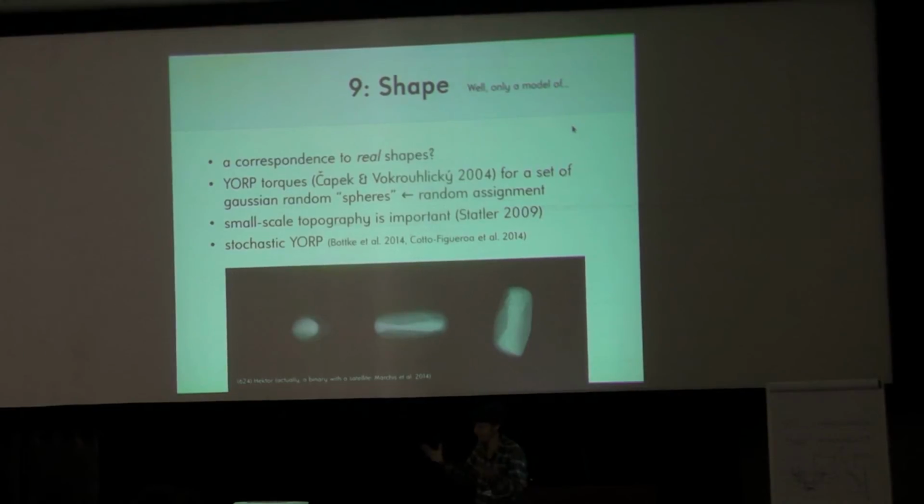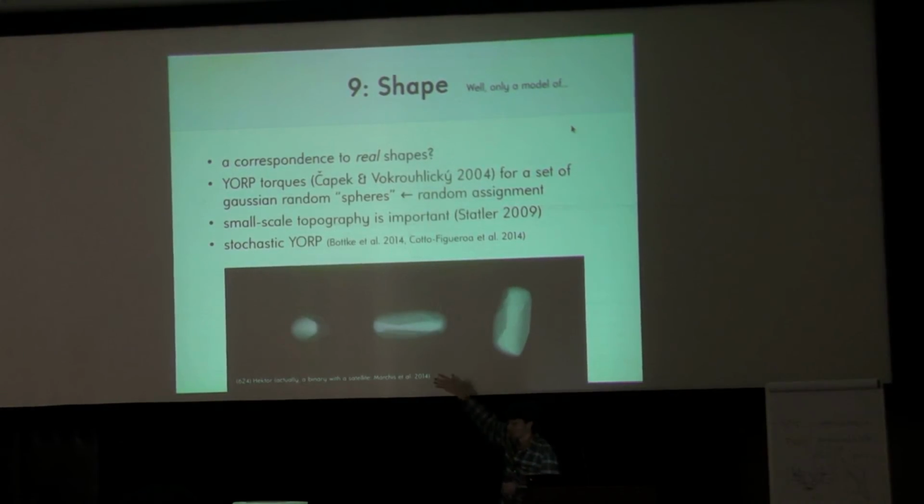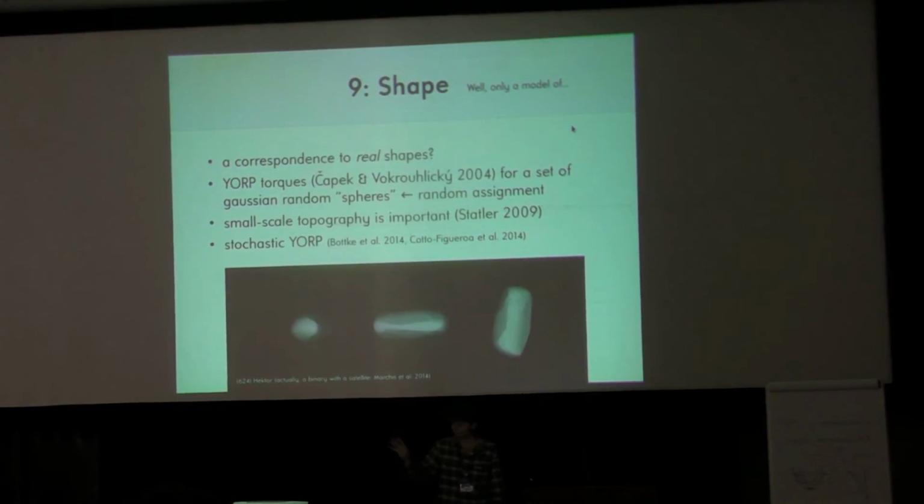You can imagine that the properties of this asteroid are completely different from the properties of this model. So that's the reason why we do not use these shapes for the computation of the Yarkovsky torque.